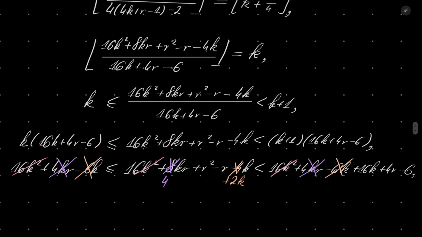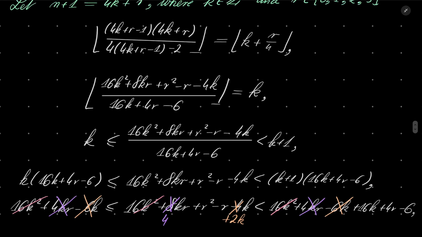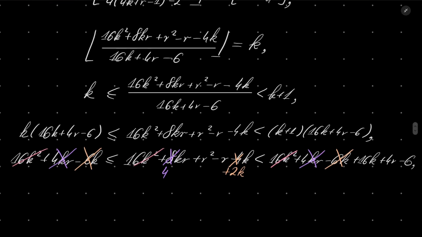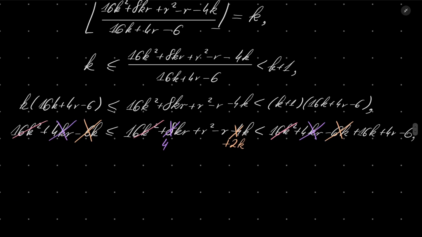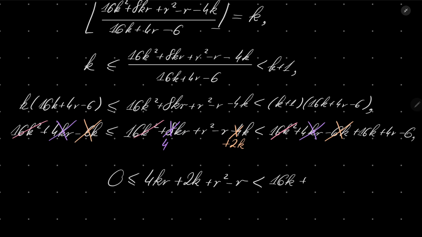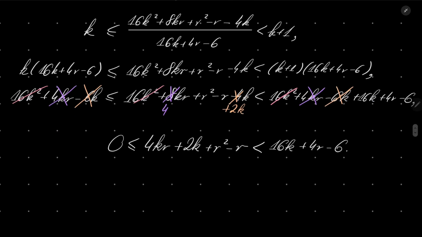It is, hopefully. Yes, it is. So our inequality is equivalent to saying that 4kr plus 2k plus r squared minus r is less than 16k plus 4r minus 6. Now we have to verify this.